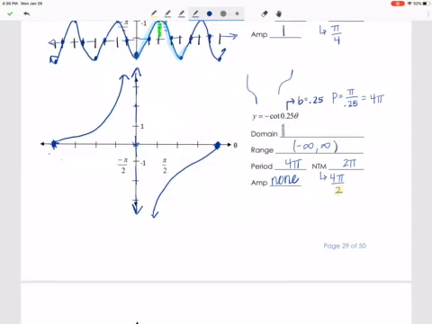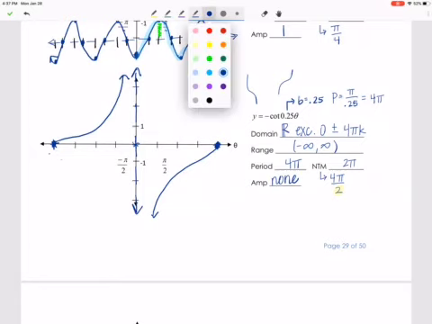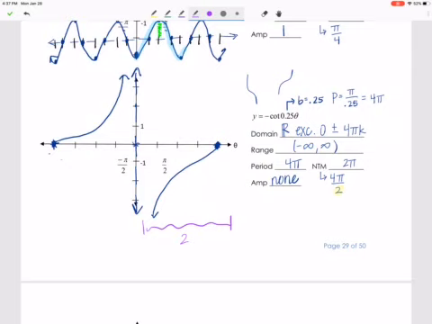Domain-wise, all real numbers except our very first asymptote at 0, plus minus, and then it will end up being a whole 4 pi k before we see another asymptote, because notice that in this stretch of 2 pi, we can only see half of the cotangent wave.